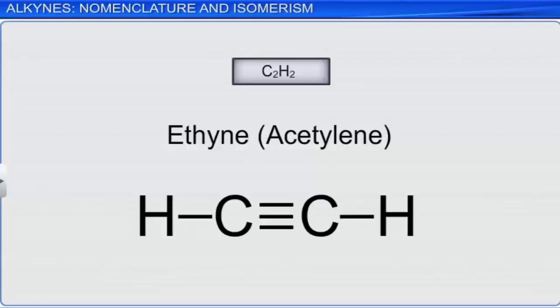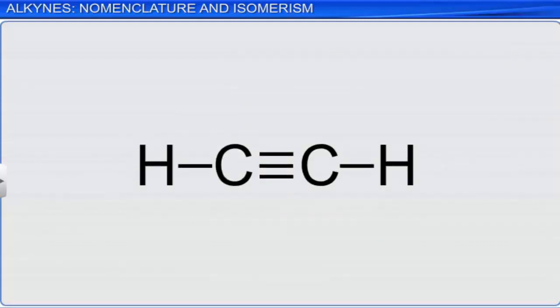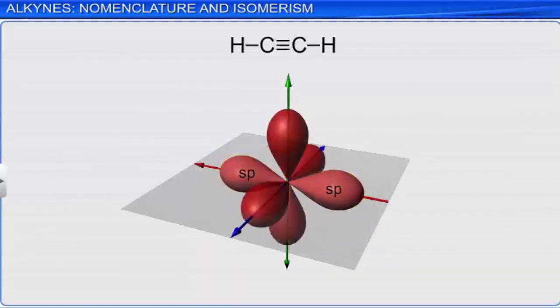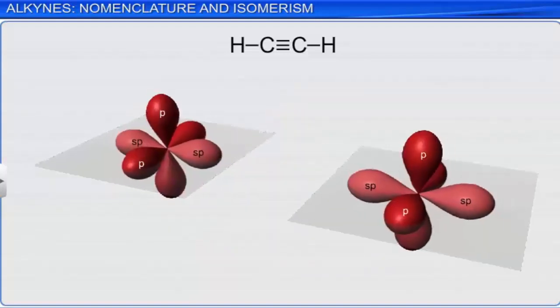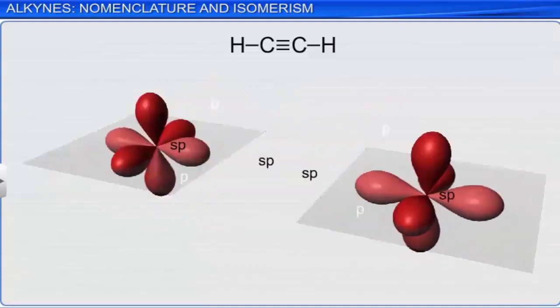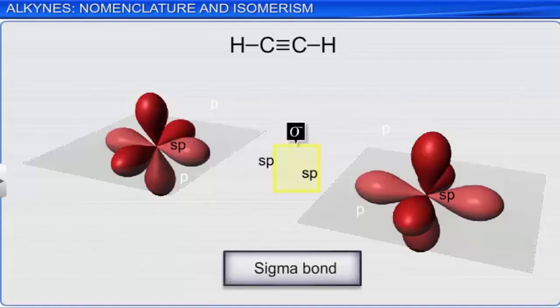Now let's understand the structure of the ethyne molecule in relation to a triple bond. An ethyne molecule has two hydrogen atoms bonded to two carbon atoms. Each carbon atom has two sp hybridized orbitals and two unhybridized p orbitals. The head-on overlapping of the two sp hybridized orbitals of the two carbon atoms forms a carbon-carbon sigma bond.